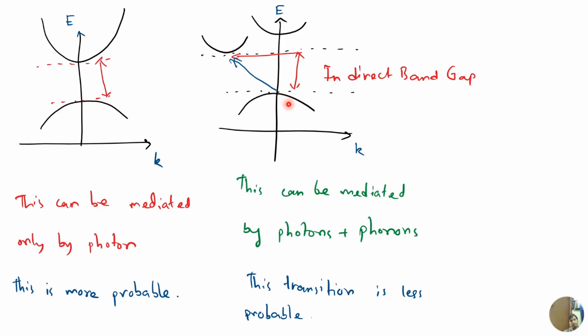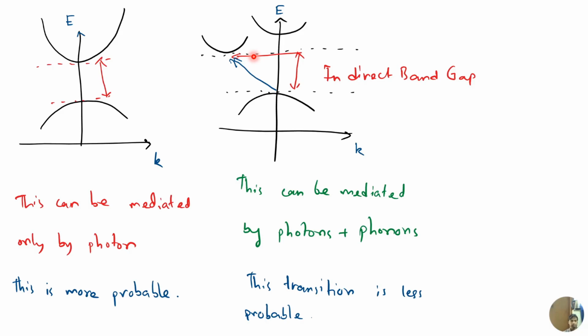But in the case of indirect band gaps, there has to be some other medium which can compensate for this difference in the k vector, and that is done by phonons. The photon transition goes from here to here, but it is with the help of phonons that the k vector, or momentum conservation, is maintained.